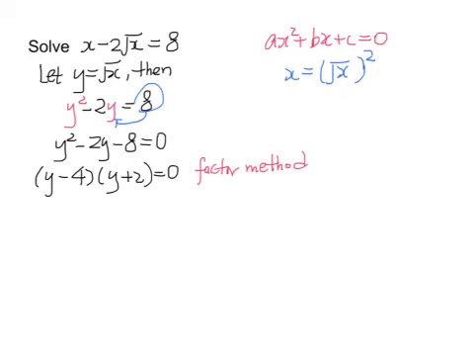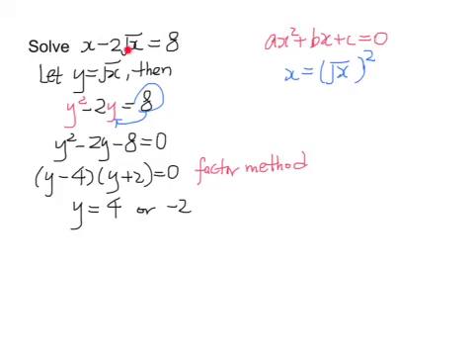So we have y equals 4 or negative 2, because y minus 4 equals 0, so y equals 4, and y plus 2 equals 0, so y equals negative 2. But this is not the end of the question.